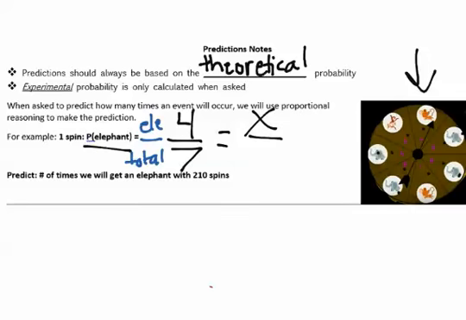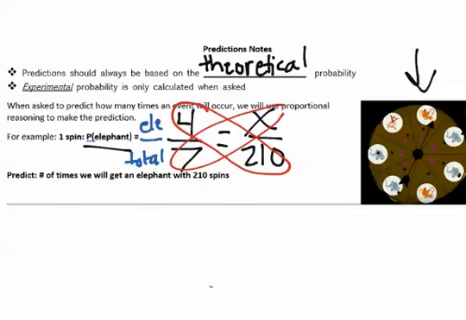Now, we're going to put 210 on the bottom because it's the total number of spins that we are going to do. Alright, so here comes the cross multiplication part. I want you to cross multiply 4 times 210 and 7 times x. Go ahead and pause this video and compute that part.